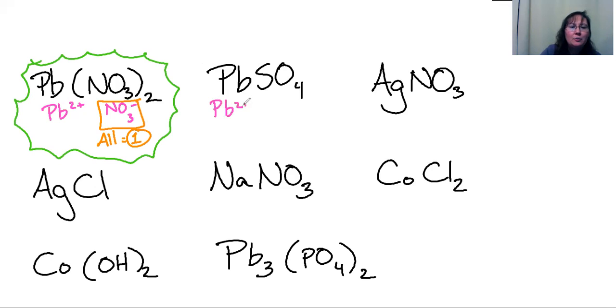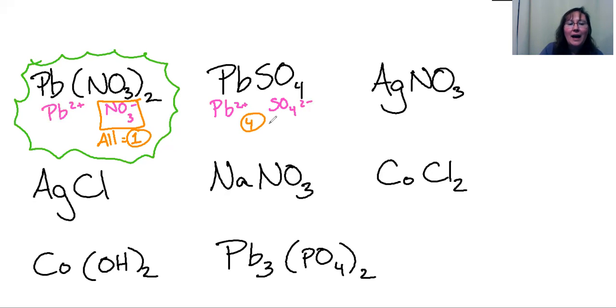We have Pb2+ and SO4 2-, lead 2 sulfate. And I'm just looking to make sure that I can remember which ones. Now, rule number 4 says that most sulfates are soluble, except barium, lead 2, mercury 1, and calcium.